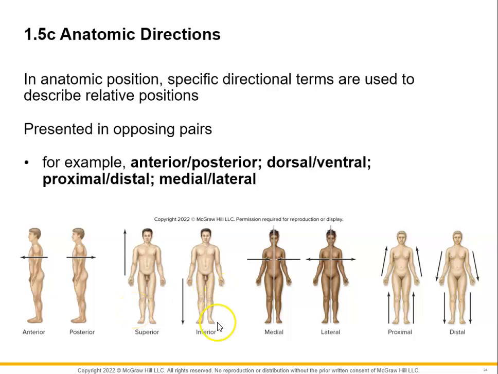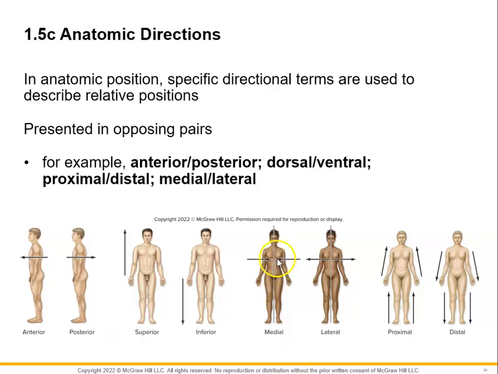Superior means above, inferior means below. The patellar region, that's your knee, is superior to the plantar region, which is the bottom of the foot. The patellar region is inferior to the abdomen. It is below the abdomen. So superior above, inferior below.